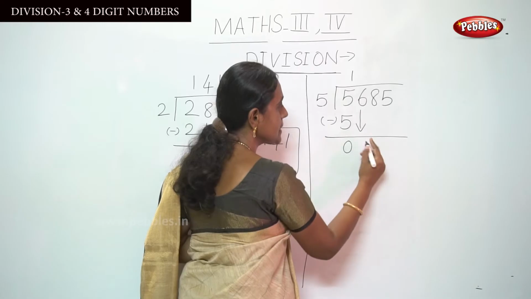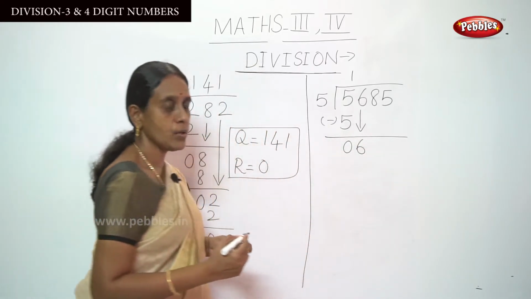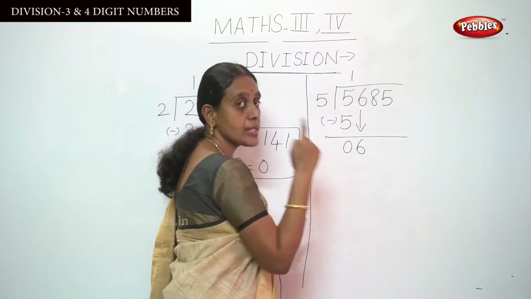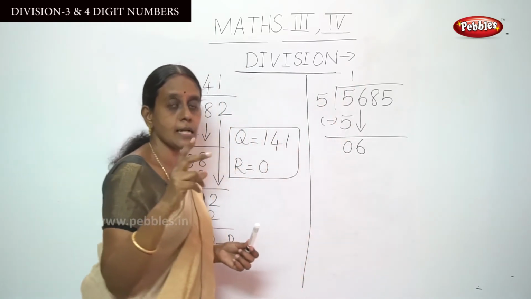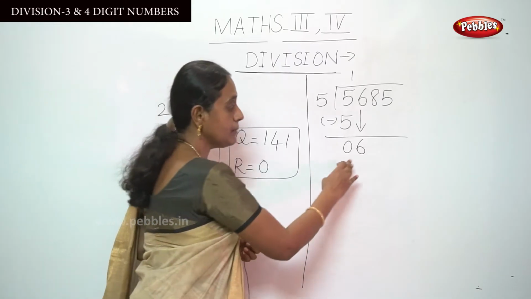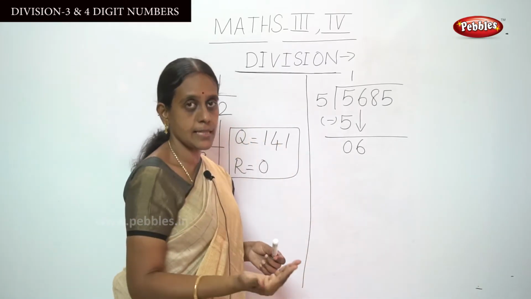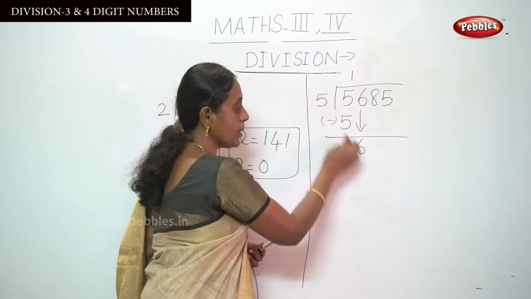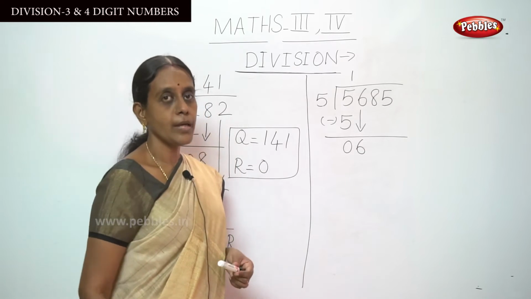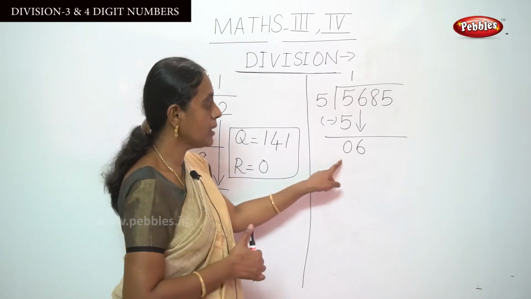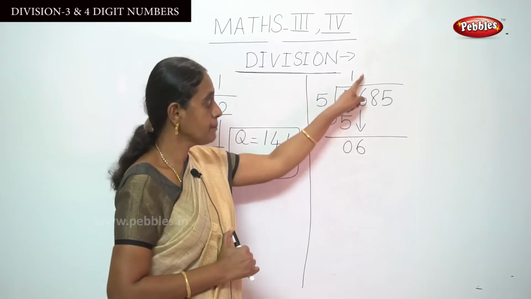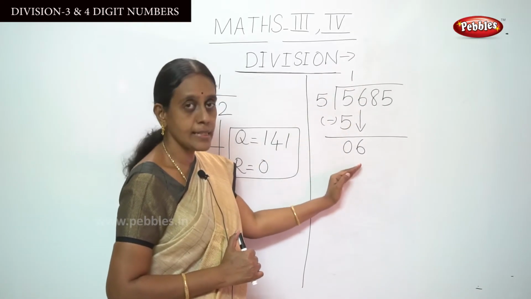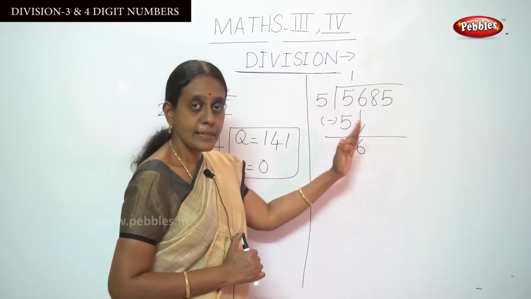Put down this 6. Now observe, children, 1 5 is 5 and 2 5s are 10. 10 is more than 6, so you should take the lesser number. Do you understand? Observe here, 1 5 is 5 and 2 5s are 10, and 10 is greater than 6.